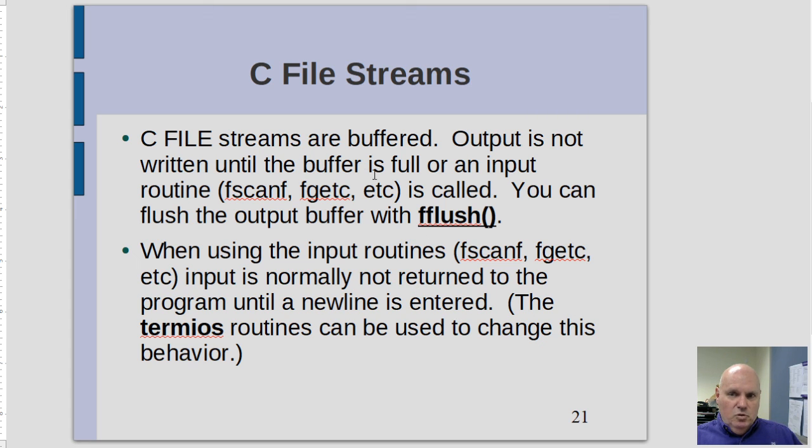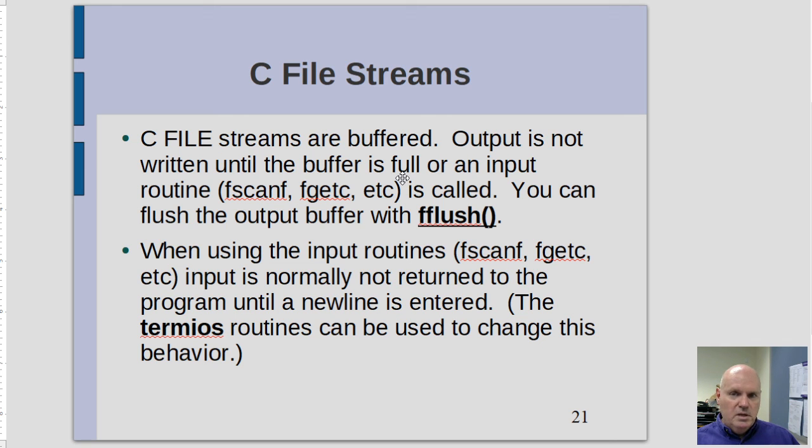Output is normally flushed when the buffer is full or when an input routine is called, because when you call an input routine, it's expected that normally you are trying to display a prompt before, like fscanf, where you're trying to read a number. So the flushing is usually automatic under most operating systems. It's not automatic with RTEMS though.